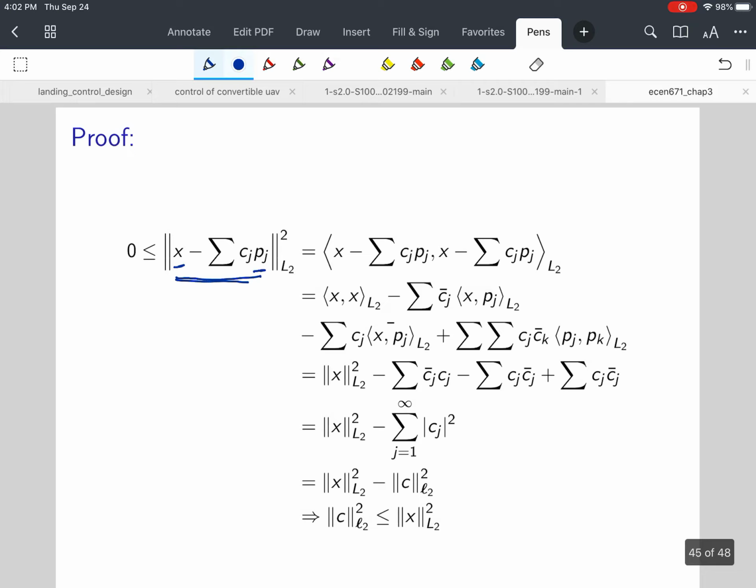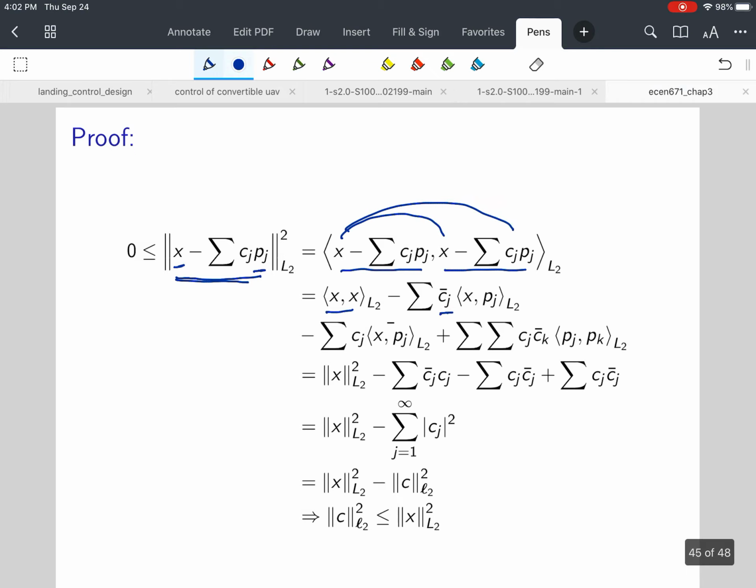Let's look at the L2 norm of that function squared. That's going to be the inner product of x minus the sum with itself. Now this will be the inner product of x with x, and then we would have the inner product of x with all of the sums cj pj, and we'll pull the cj's out.